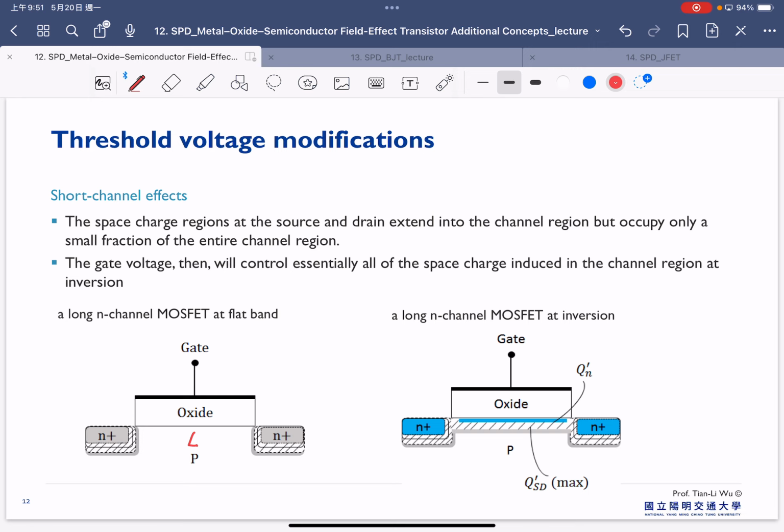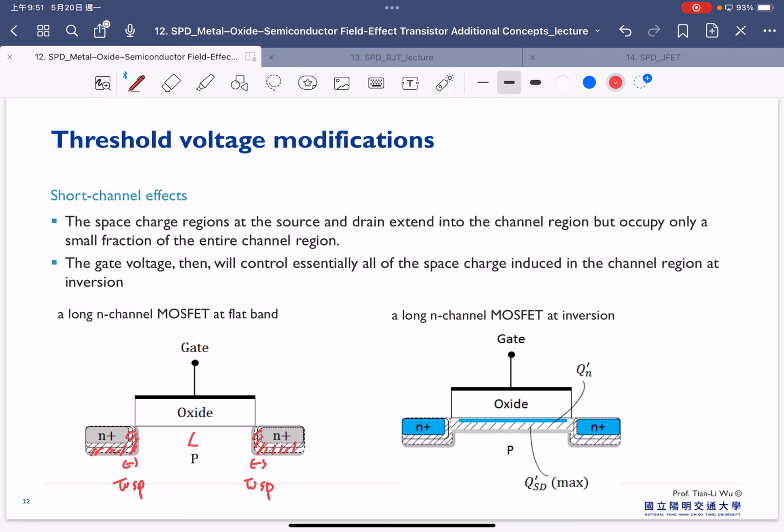So without any given bias, there's already a space charge region, a depletion region, on the source and drain side here. Right now this is the space charge width on the source side and the drain side.